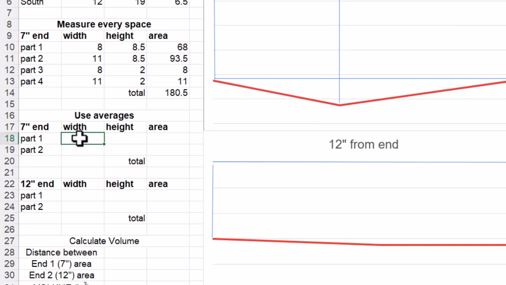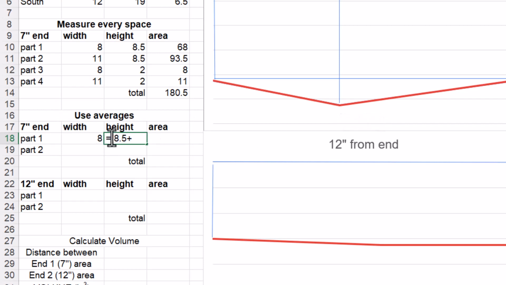So our width is still 8 inches. Our height is going to be the height at the 0 point, which is 8.5, plus our height at the longer point, which is 10.5.